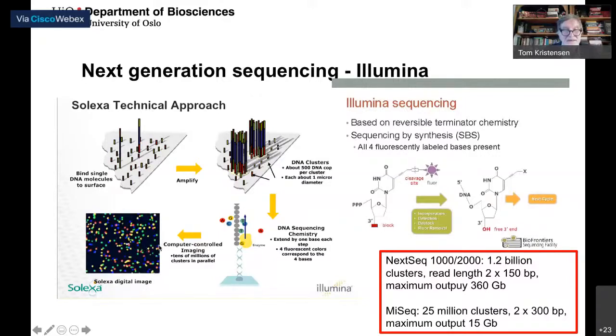And we identify which nucleotide has been incorporated in which cluster by looking at the colors. This shows a small cutout of the substrate, and each of these dots is a cluster of identical DNA molecules which have functioned as templates in a polymerase reaction, and we can tell which nucleotide has been incorporated in this step by looking at the color.